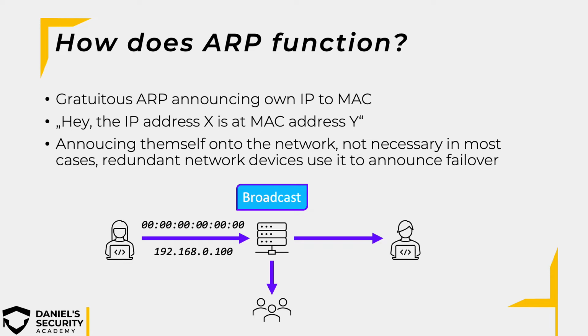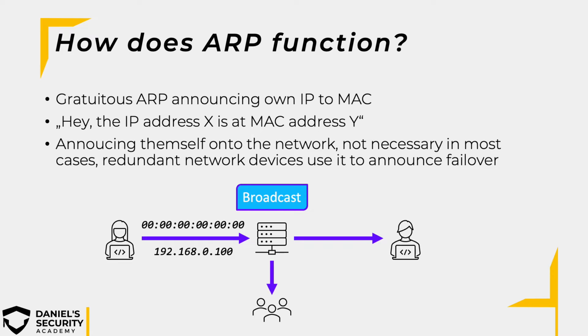And by doing so, you announce yourself onto the network, which is not necessary in most cases for regular computers. But it is a key function, for example, for network devices or servers running in a failover or high availability setup, to announce, okay, we have a failover from one device to another, your IP address is now at MAC address XYZ.